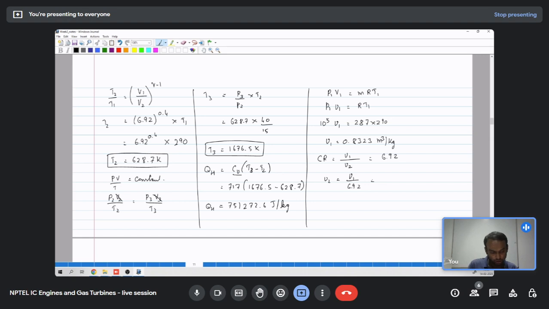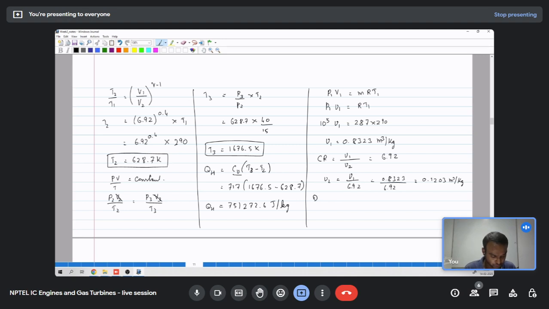So that is 0.8323 by 6.92, which is 0.1203 meter cube per kg.